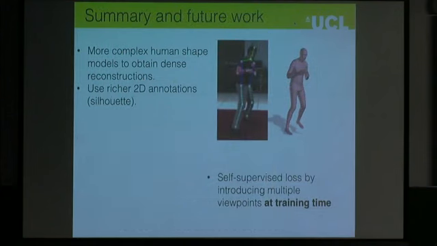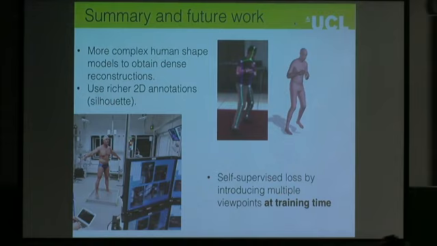And finally, I think something else that's exciting is that we don't just have 2D annotations of skeletons. We can also, for instance, obtain silhouettes. So there are richer sources of 2D information that we can extract easily from images, and therefore this is something that we should be using as well.